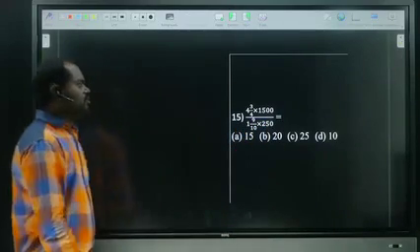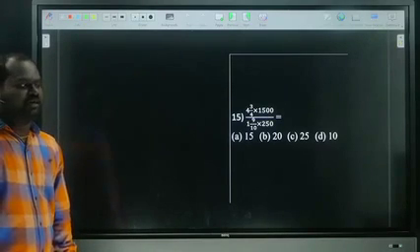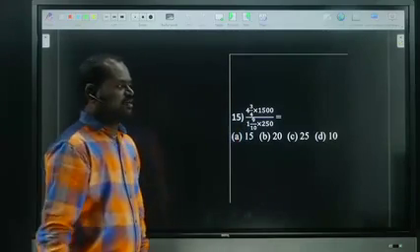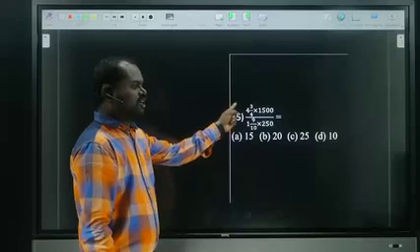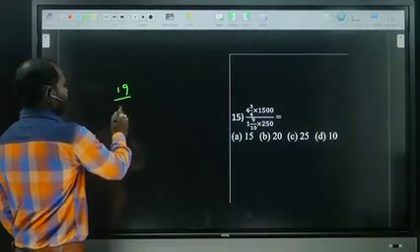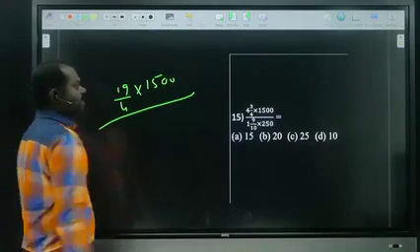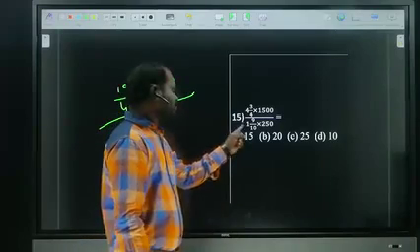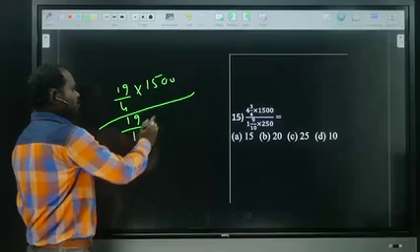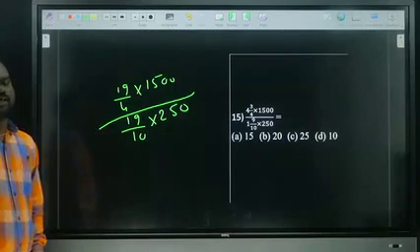Right? Now, mixed fraction: 4 fours are 16 plus 3, how much? 19 by 4 into 1500, divided by 1 9 by 10. 10 means 10 plus 9, 19 by 10 into 250.